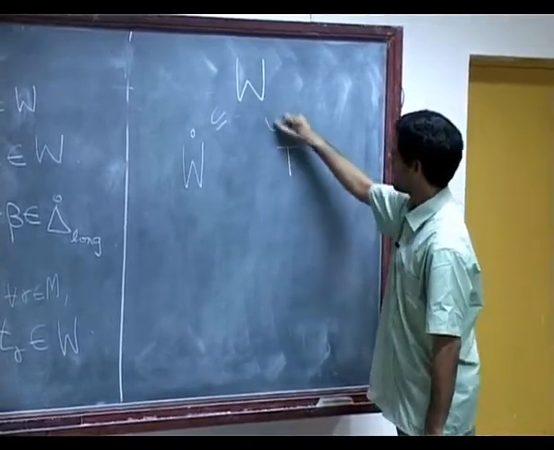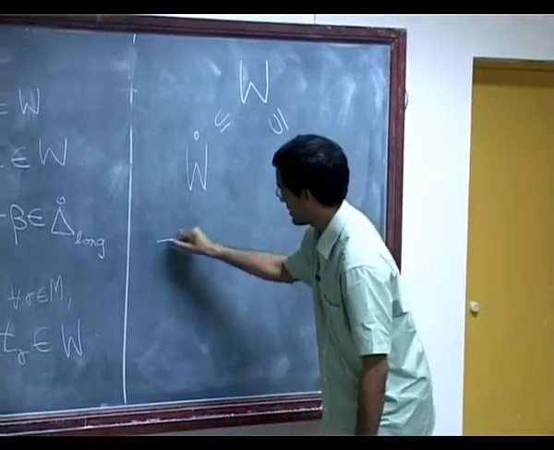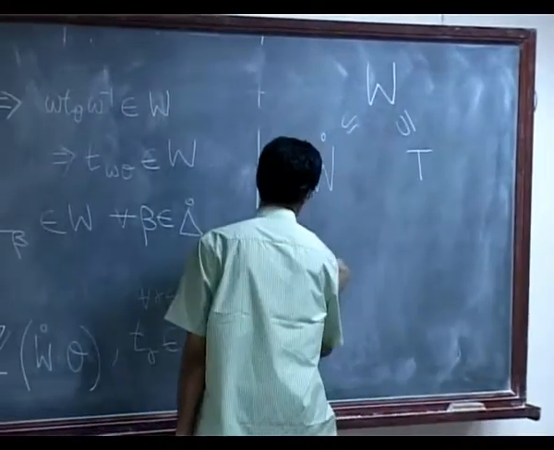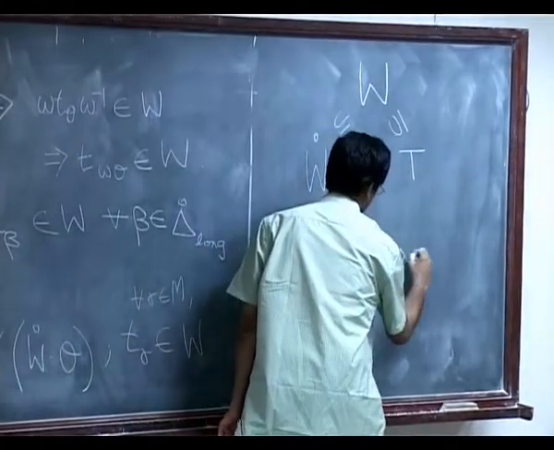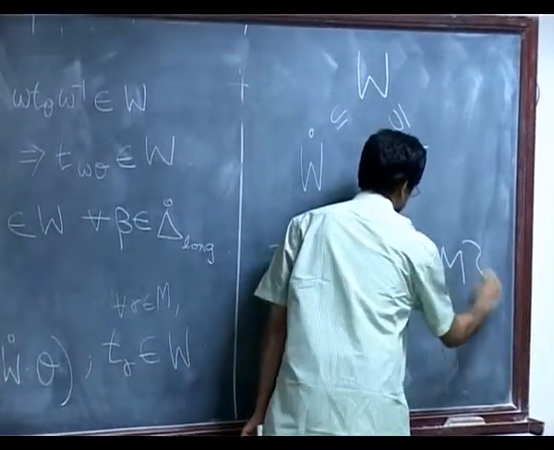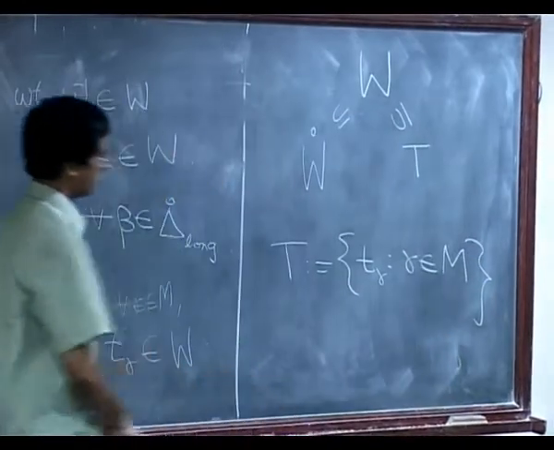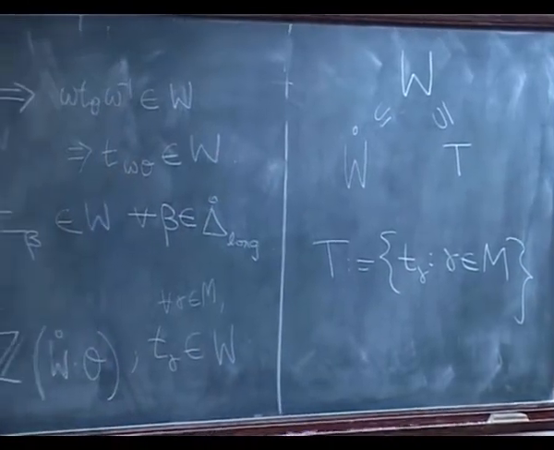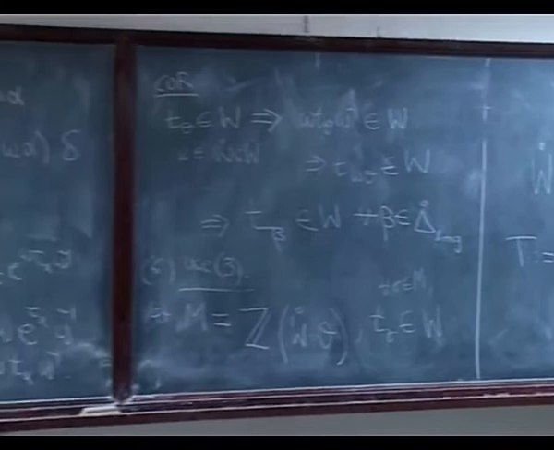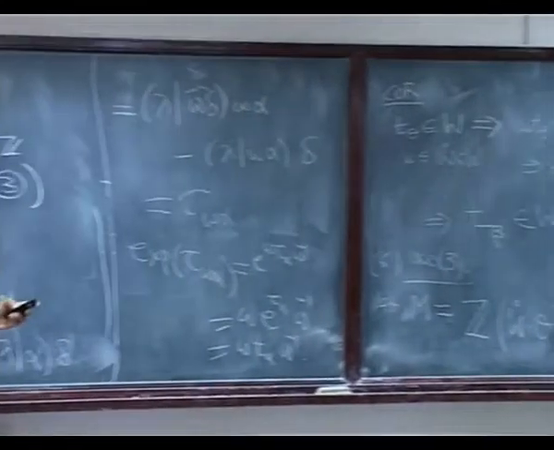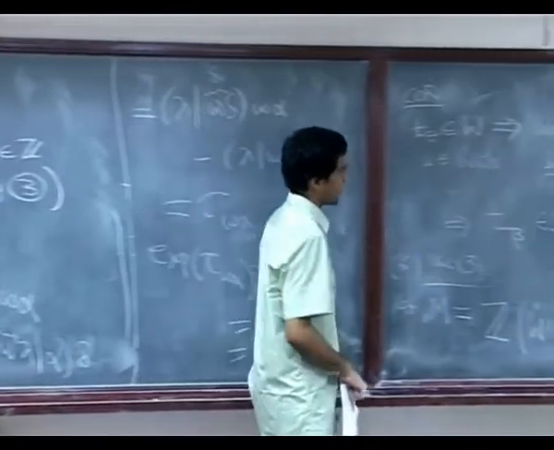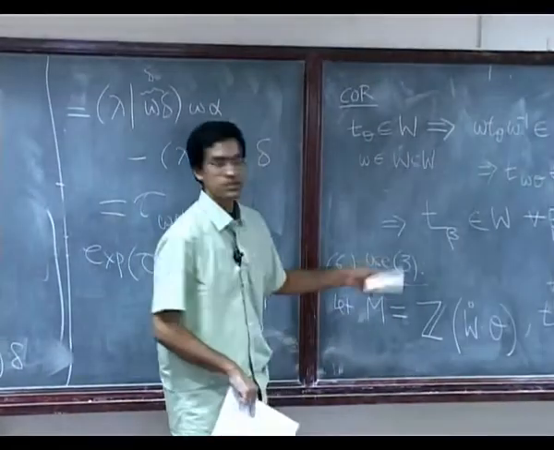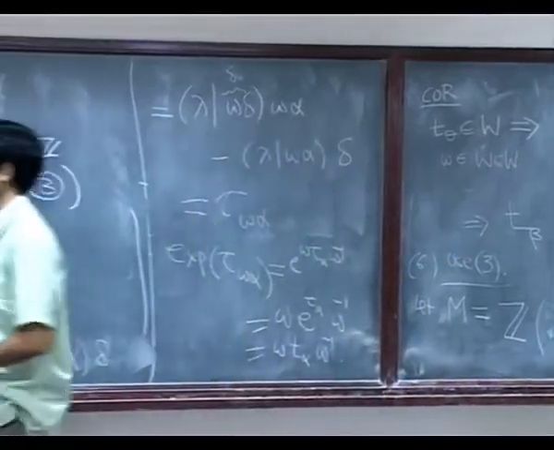Let us call it T, where T is just all these T gammas. So, we have manufactured these several more elements, and we are going to claim that the Weyl group is nothing but the semi-direct product of these two things.